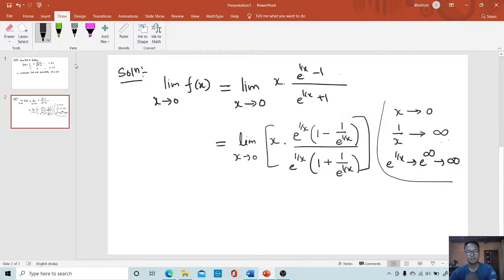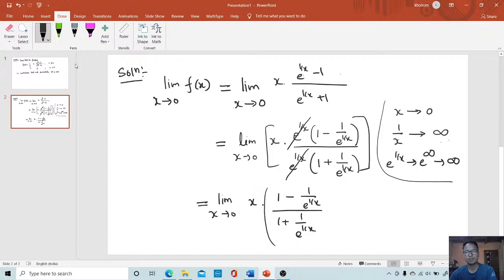Now we can cancel out. Limit x tends to 0, x times of 1 minus 1 by e to the power 1 by x over 1 plus 1 by e to the power 1 by x.